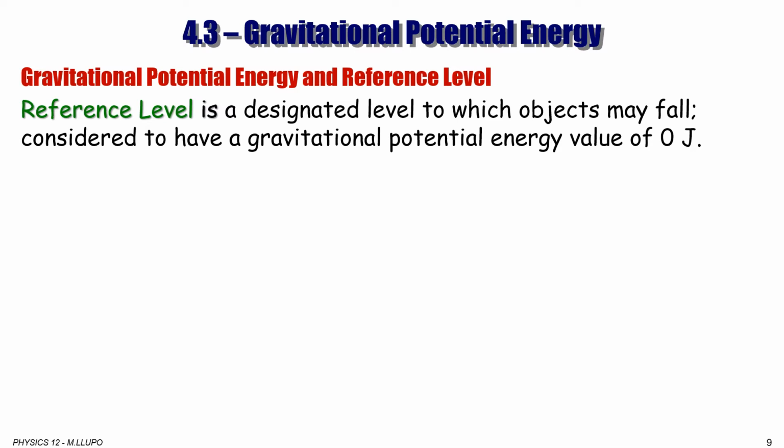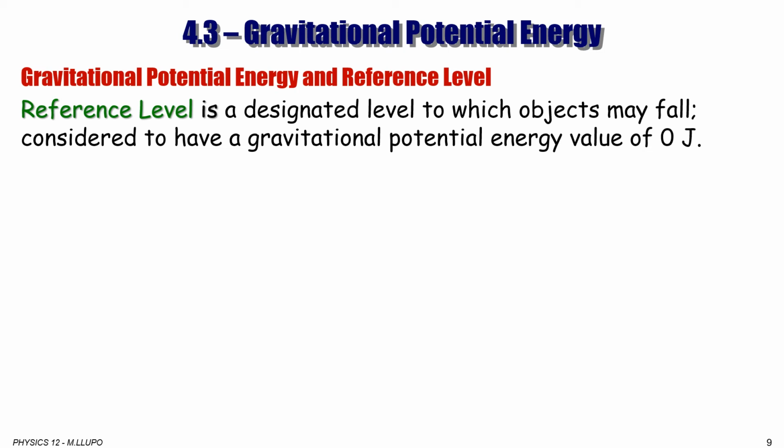Now we're going to talk about gravitational potential energy and reference level. When we talk about gravitational potential energy, we talk about dependency. Gravitational potential energy depends on mass, gravitational acceleration, and height. But height relative to what?